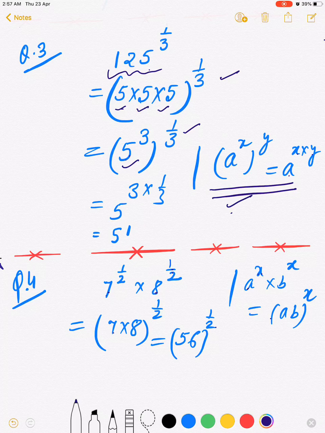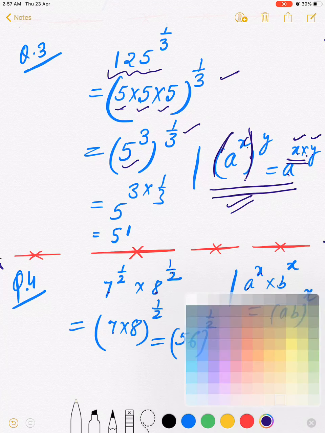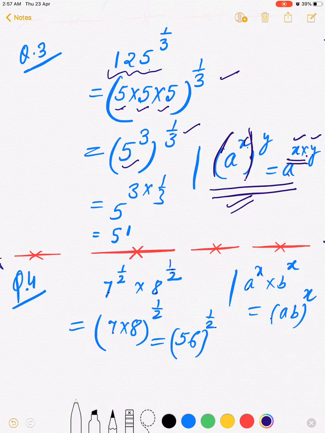Now I am using this another law of exponent. If a to the power x is there and there is one more exponent outside of this, that is y, this whole exponent is also there, that is y, then these two exponents get multiplied. It means I get a to the power x into y. So the same thing I am doing here. These two exponents will get multiplied.